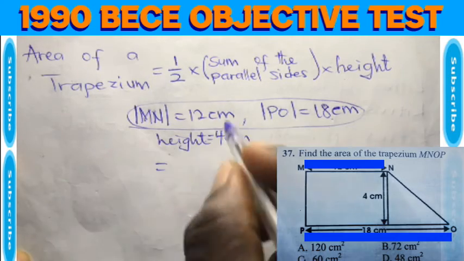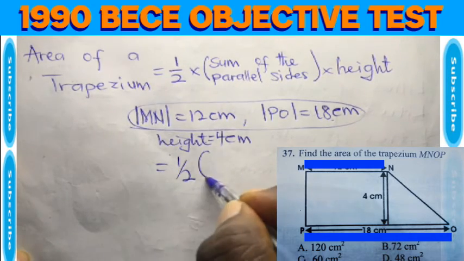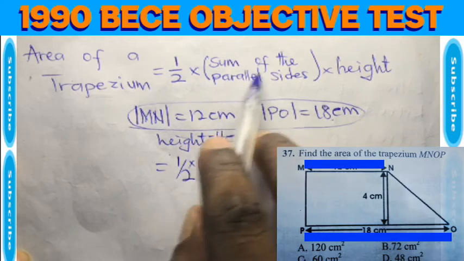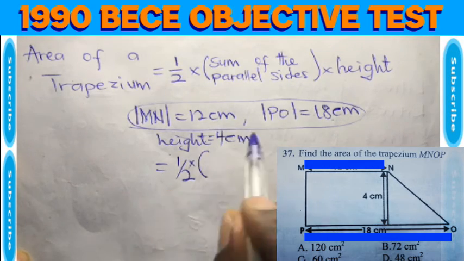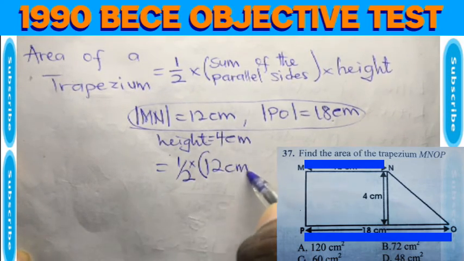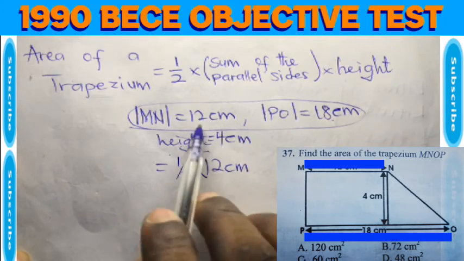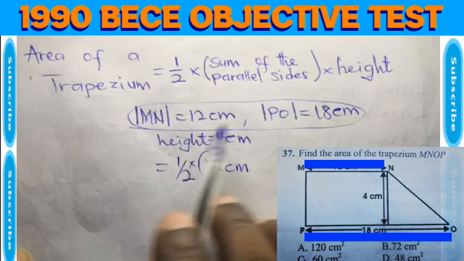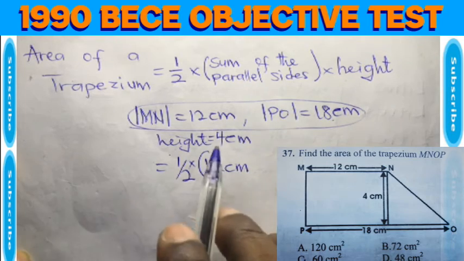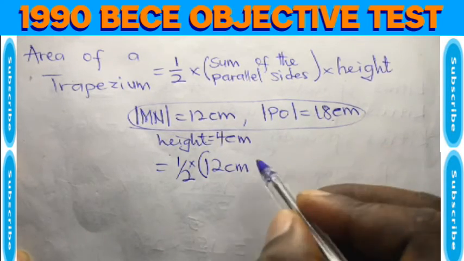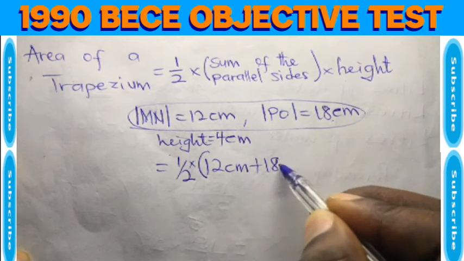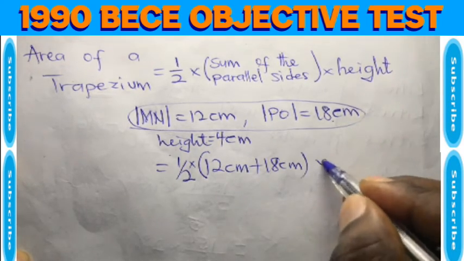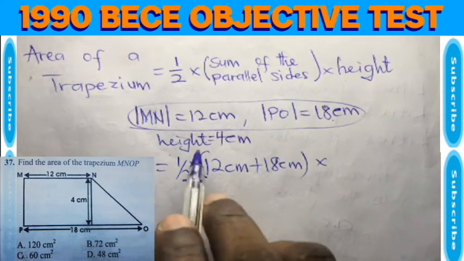So now the formula is given by half multiplied by the sum of the parallel sides. The sum means we add the two parallel sides. So we add 12 centimeters to 18 centimeters, and then we multiply the result by the height, and the height measures 4 centimeters.